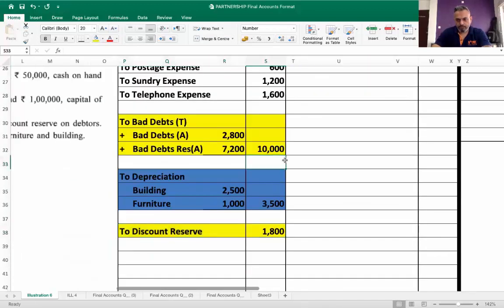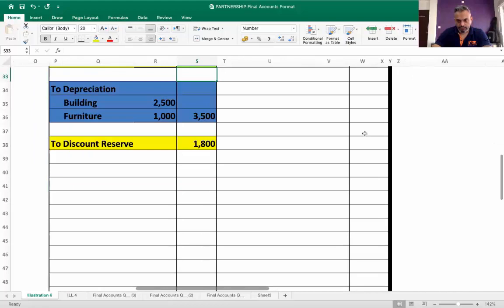Now credit side is more. Let's do the total.